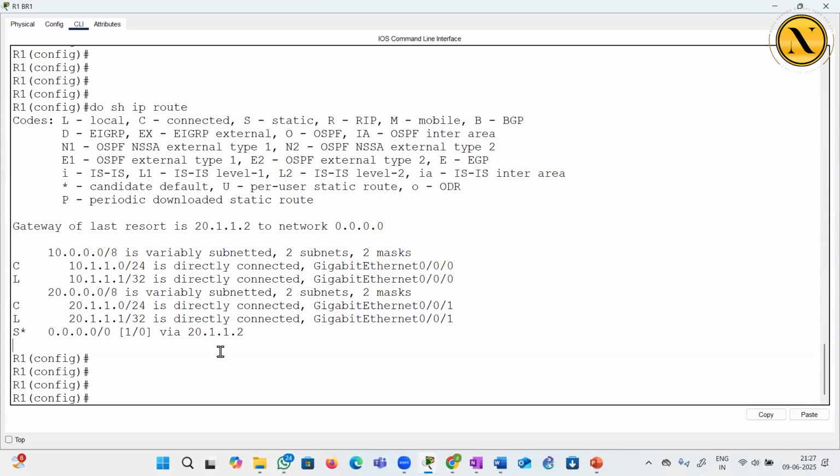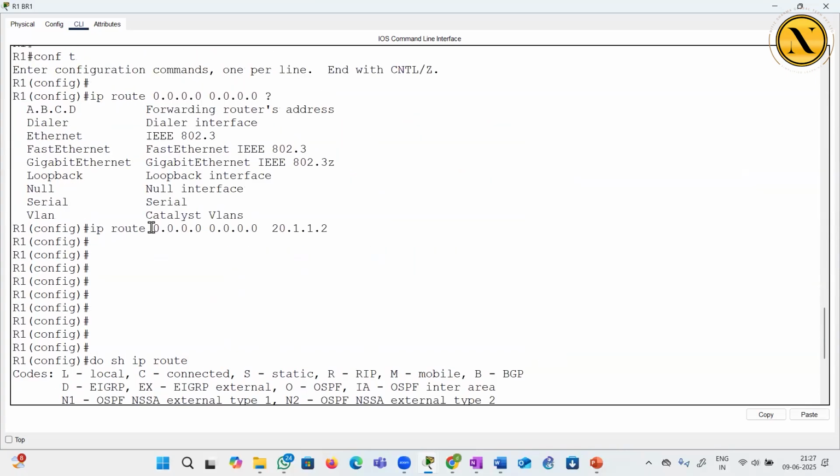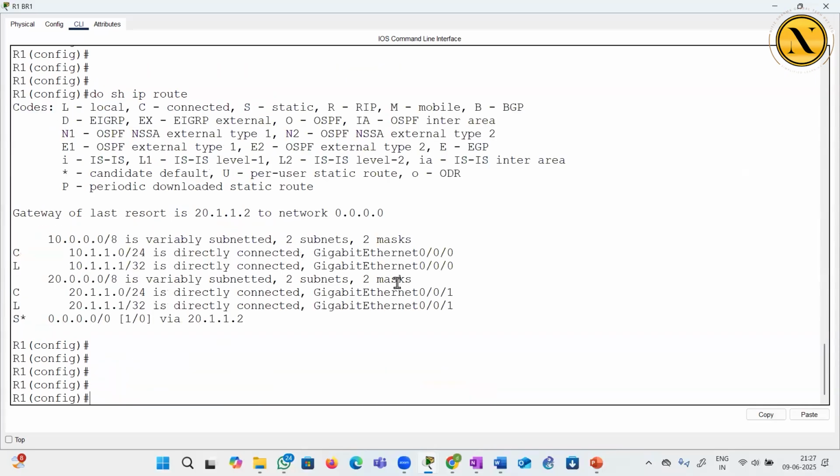If I don't have that entry of the destination, let's say 200 dot blah blah blah, I'll just send it to this guy. Or any destination IP address and any subnet mask. Same thing.